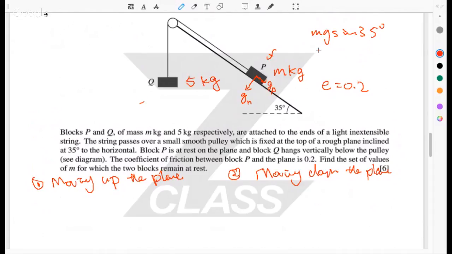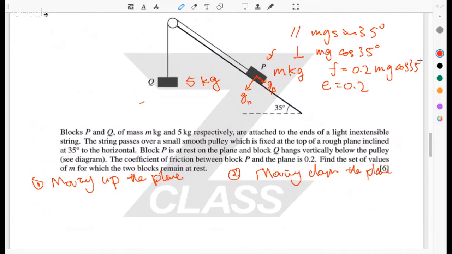And we also have the component of gravity normal to the plane, and that will be mg cos 35. And friction would just be 0.2 times mg cos 35.